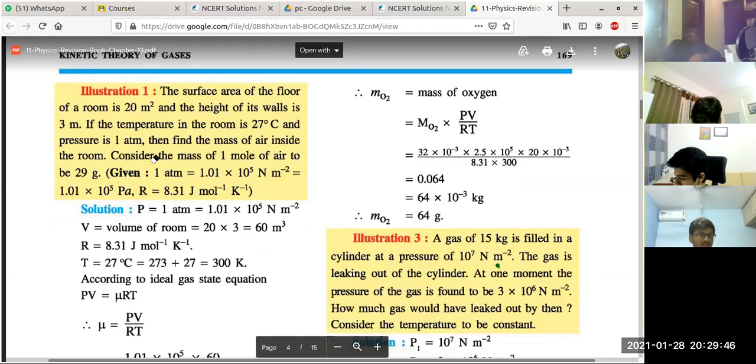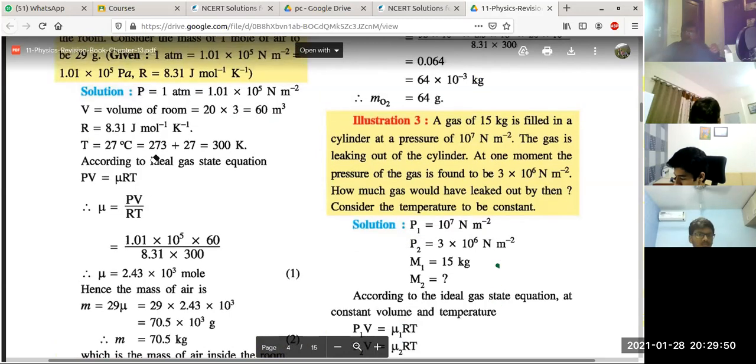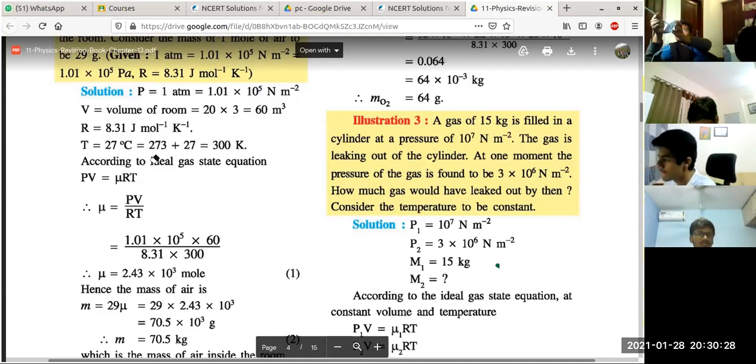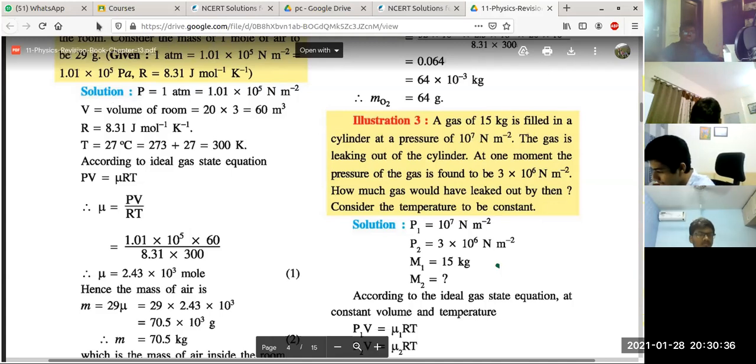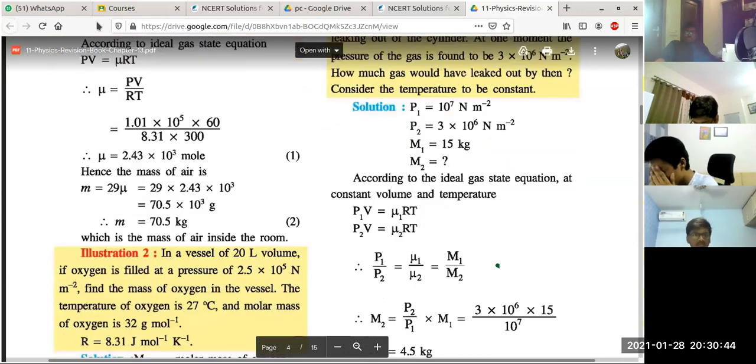Sir, can you scroll down? All of you understood this question? Yes. Okay. See illustration 2.